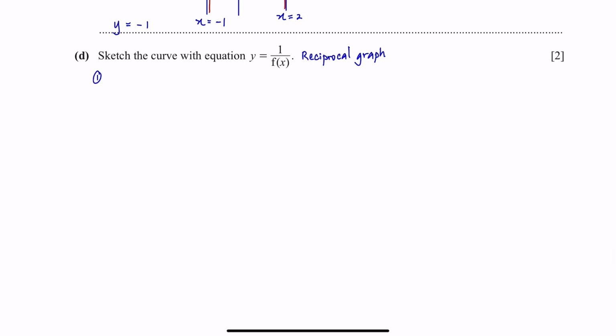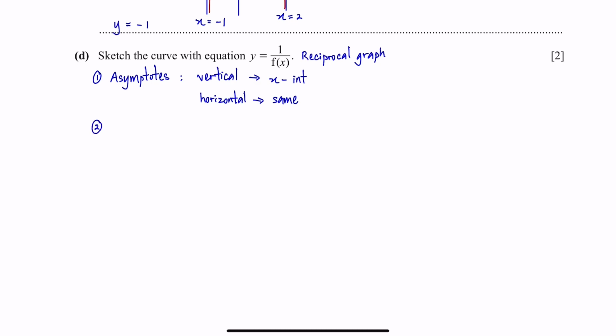First one, for the asymptotes. The vertical asymptote of fx would be the x-intercept of 1 over fx, and the horizontal asymptote of the original graph would be the same. That means it would still be the horizontal asymptote of 1 over fx.